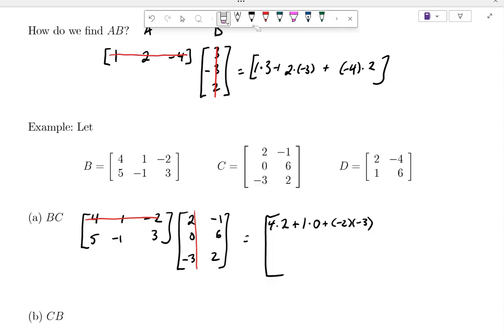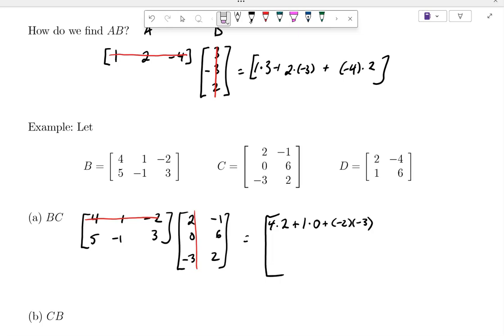In my brain, at least, I visualize it as taking this and rotating it, and matching it up. They all need to line up: 4 lines up with the 2, 1 lines up with the 0, negative 2 lines up with the negative 3. If you don't have the same number of entries, you can't do the multiplication. We'll simplify it in a second, but are we okay with how I got that entry?